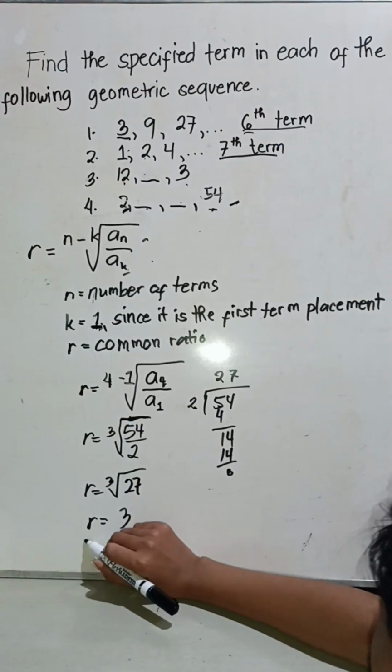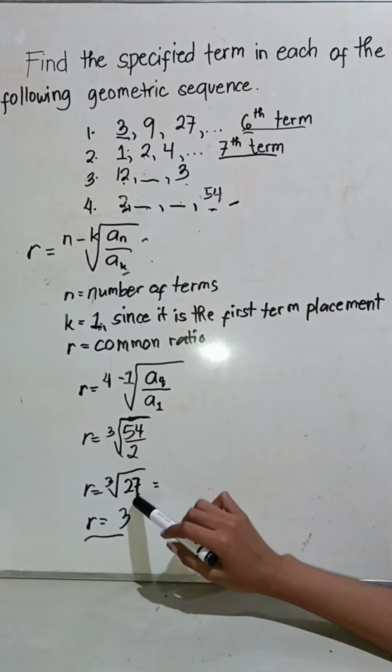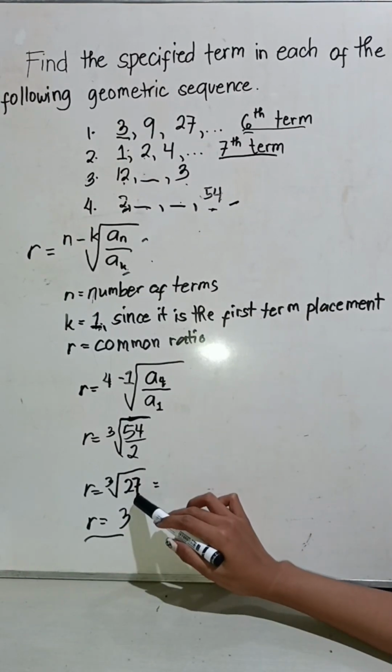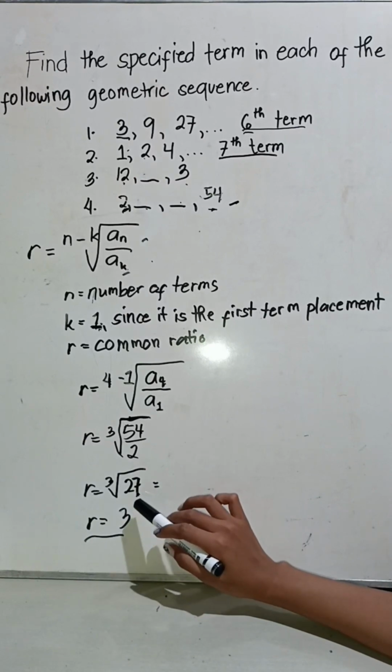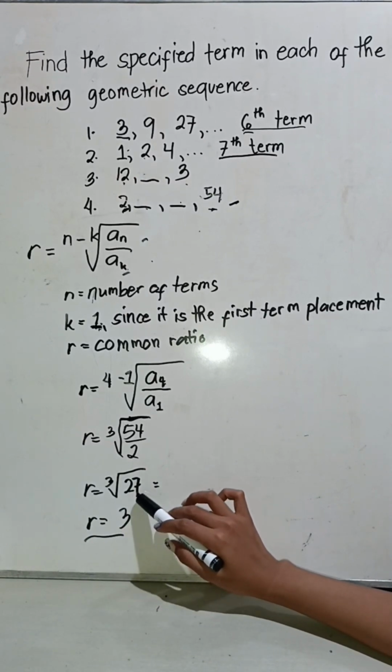Ma'am, why 3? First, we factor the number 27. It is divisible by 9 and by 3. Right? 27 divided by 9 is equals to 3. It is also possible that 27 divided by 3 is equals to 9.